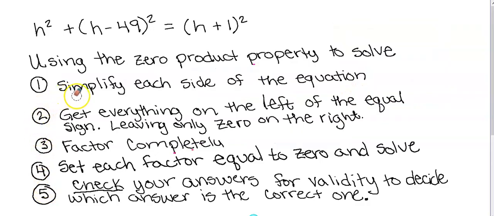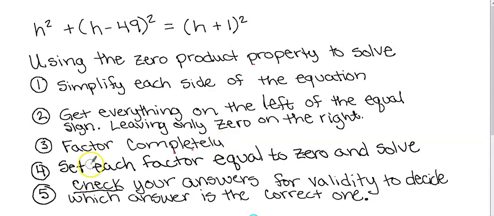So your steps in this problem will be: you're going to simplify each side of the equation. That means you're going to get rid of parentheses. You will then combine any like terms you have. Next, you will get everything on the left side of the equal sign, leaving only 0 on the right. You will factor that left side completely.